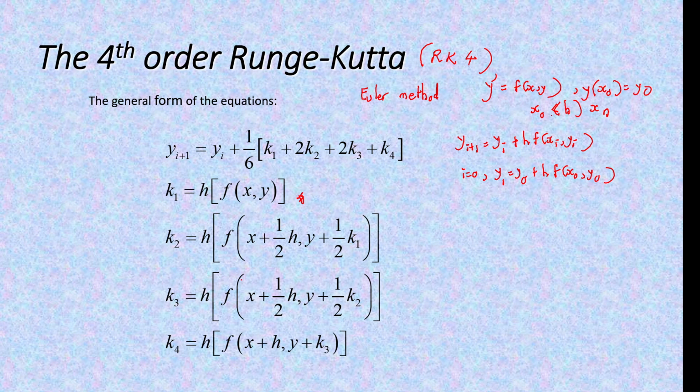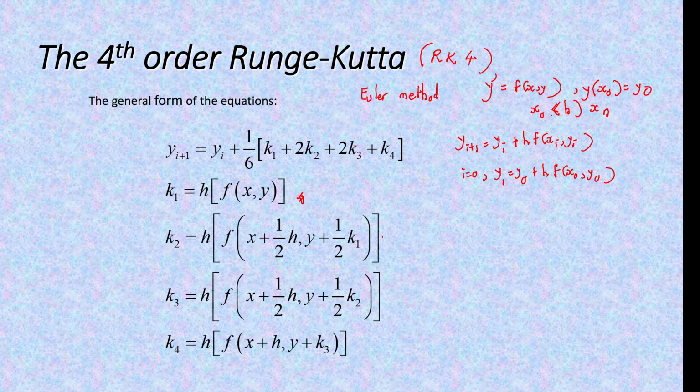Then you need to calculate k3. For k3, x is still the same as k2, but the y in k3 becomes y plus k2 over 2. And for k4, x becomes x plus h and y becomes y plus k3.